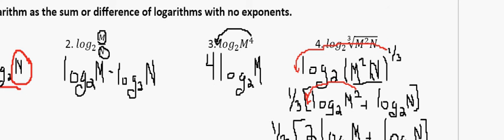And we've satisfied our requirement to expand it into the sum or difference of logs, and there are no exponents on our arguments. Okay, remember, if you have any questions, go ahead and write them down at the bottom of your notes, and we'll address those questions in class.